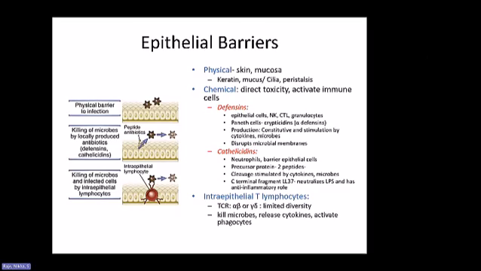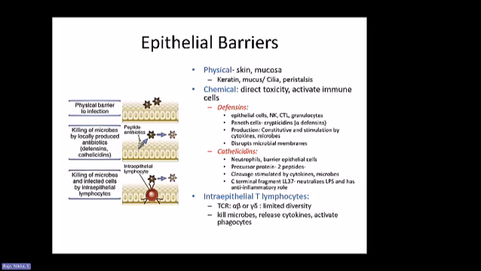The chemical barrier is provided by chemicals such as defensins and cathelicidins that are produced by the barrier. Defensins are produced by epithelial cells, NK cells, cytotoxic cells, as well as granulocytes. In the GI tract, there are various types of defensins, alpha defensins and beta defensins, that help in disrupting the microbial membranes.